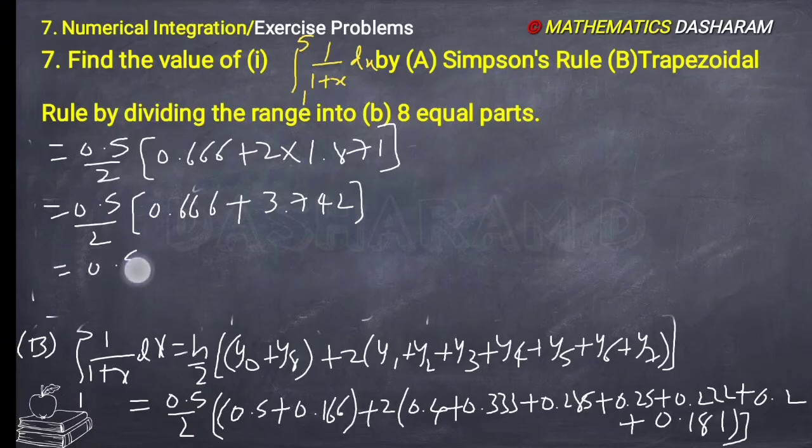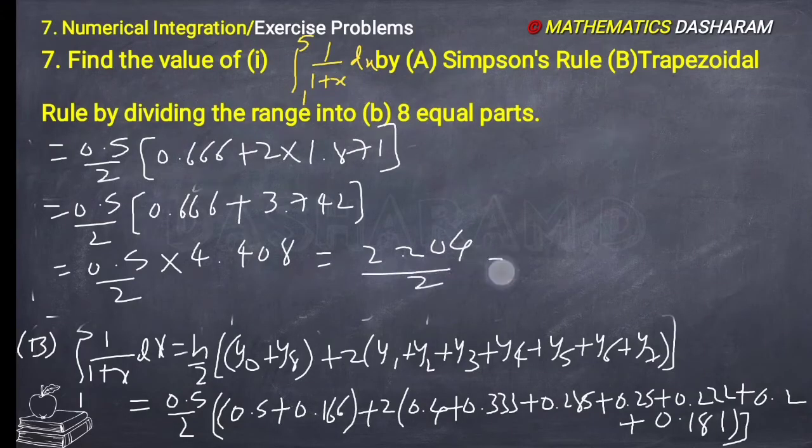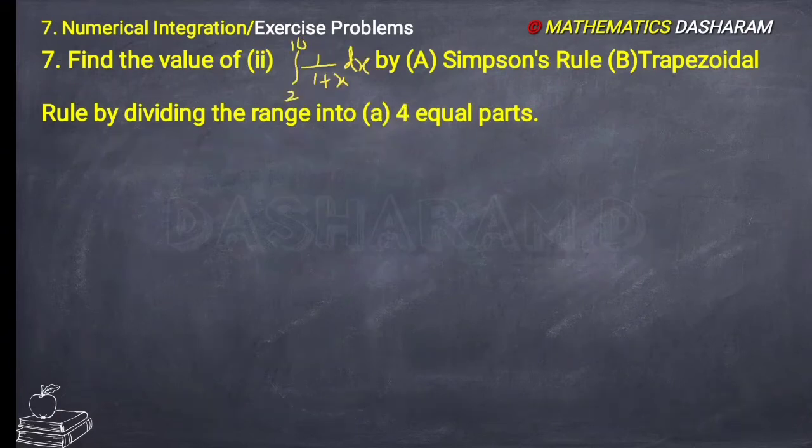So 0.5 divided by 2 into 4.408. So it is equal to 2.204 divided by 2. So 1.102 is our required answer.